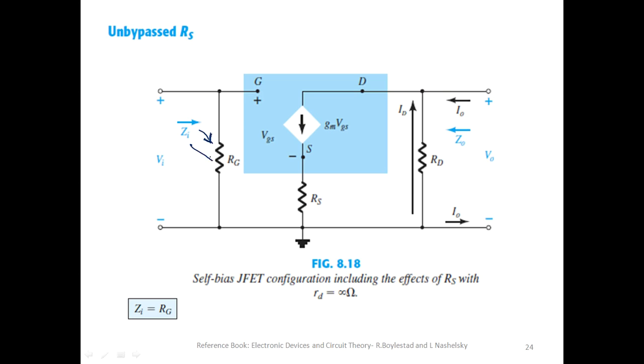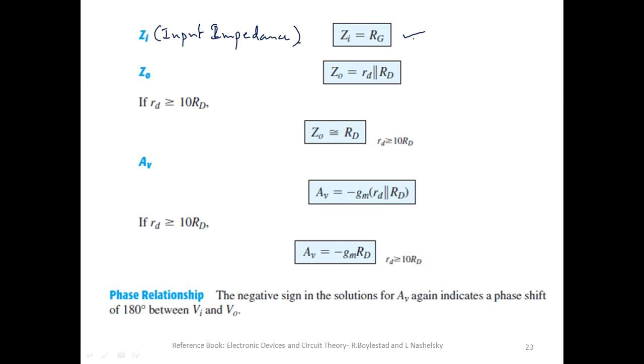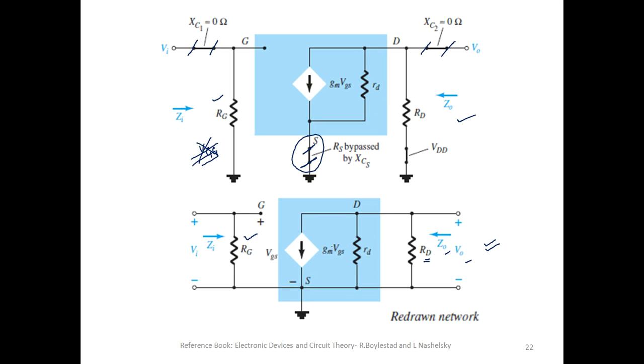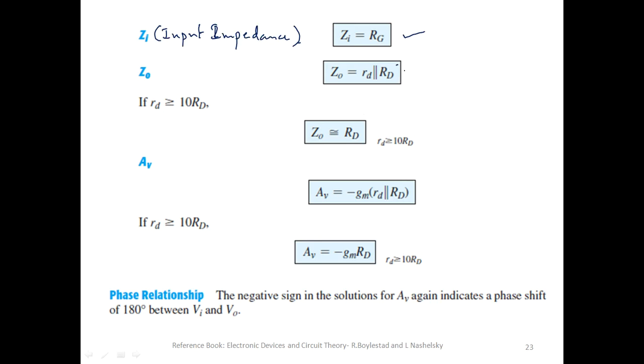So Zi equals RG. Then Zo is the output impedance obtained considering the input voltage to be 0, so it becomes RD parallel to small rd, which is again the same.